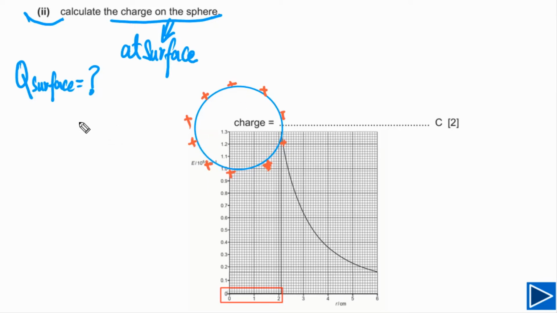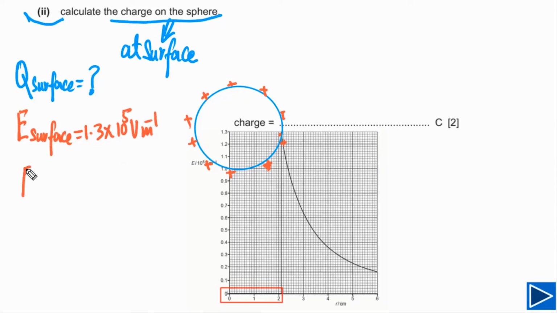So how can we calculate it? The first thing we need to understand is that at the surface of the sphere, we have a value of electric field. So E surface is equal to 1.3 times 10 to the 5 volts per meter.